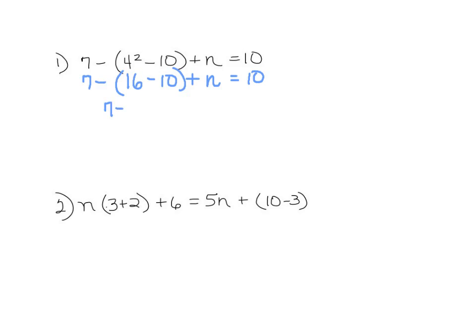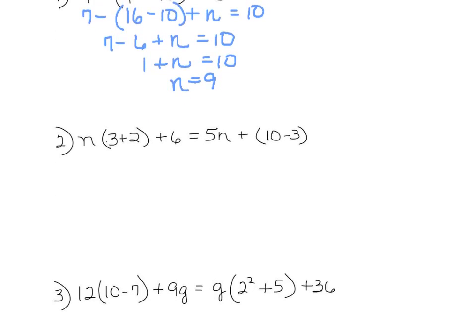So 16 minus 10 is 6, so 7 minus 6, plus n is equal to 10. 7 minus 6 is 1, plus n is equal to 10. And so because 1 plus n is equal to 10, we know that n is equal to 9. There's only one unique solution for n in this case.